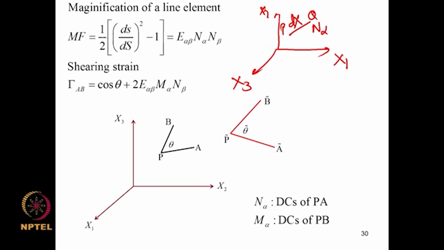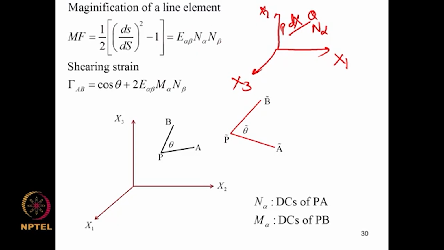We can show that in terms of the Green-Lagrange strain tensor, this magnification factor is given by this. So, clearly here, if the line segment is such that it aligns along the x1 axis, this is a repeated index, which implies summation.